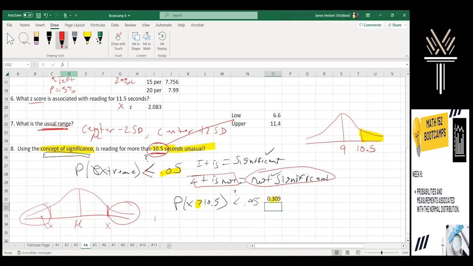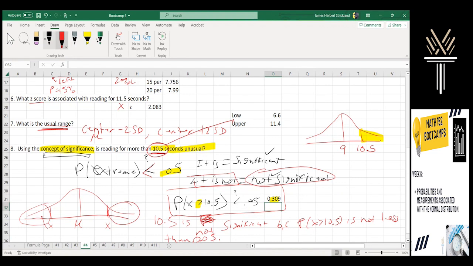So we would say 10.5 is not significant because P of x greater than 10.5 is not less than 0.05. And that's it. And then you would show your work, you would show that calculation. That's how you would verify significance.